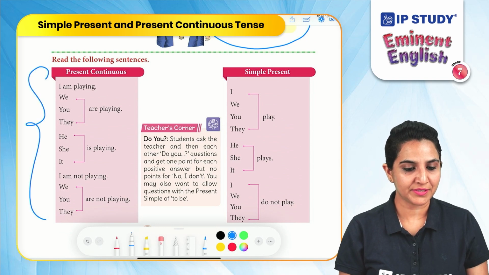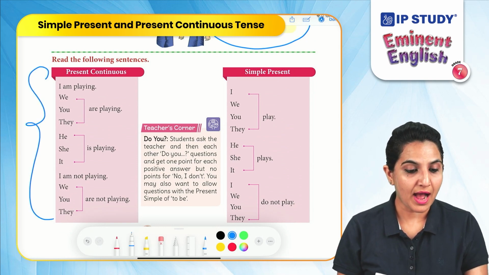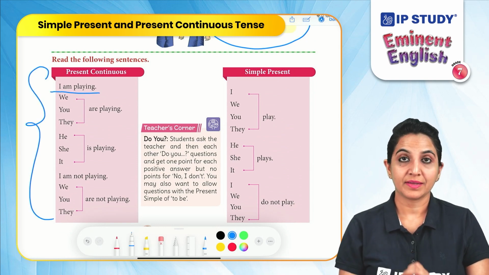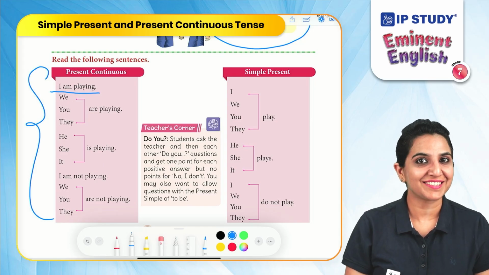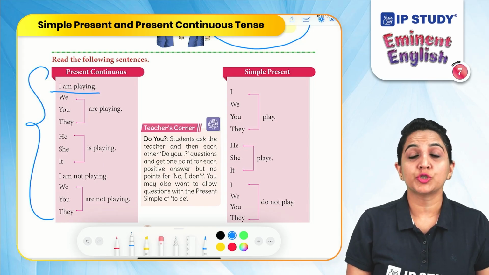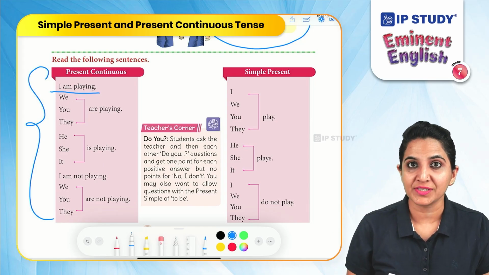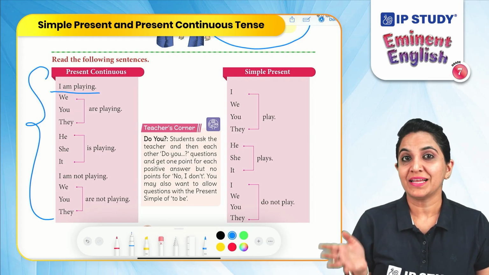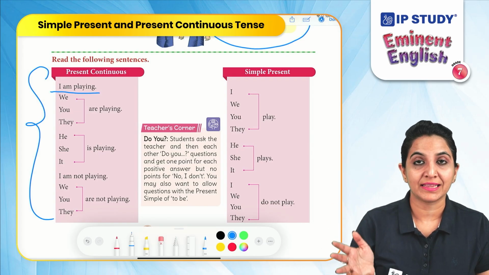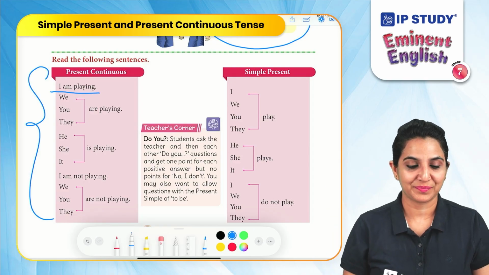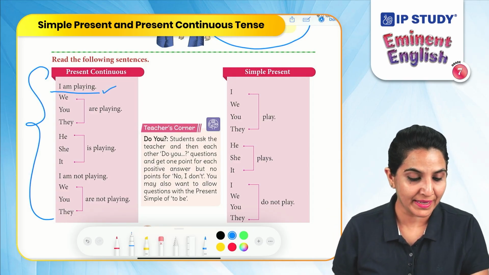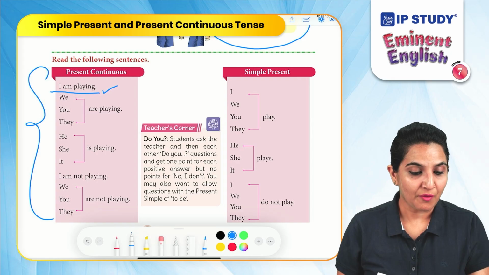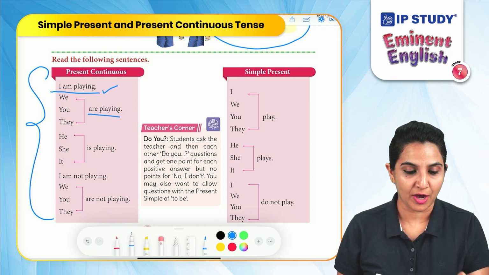Present continuous tense. I am playing. Do you remember? Present continuous tense is used to express actions that are happening right now. Always remember that we will add ing at the end of the verbs. So, I am playing, we are playing, you are playing, they are playing.